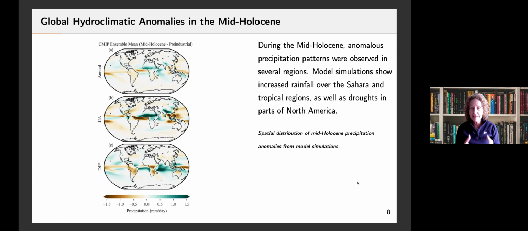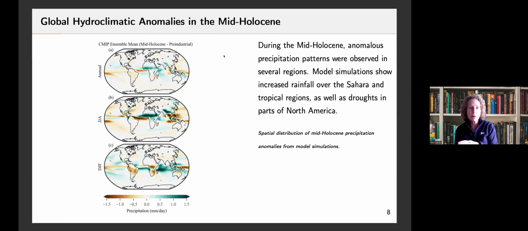And I don't know if you're familiar with the Climate Model Intercomparison Project, it is all the models that go into the IPCC, the Intergovernmental Panel on Climate Change, to be able to look at projections.